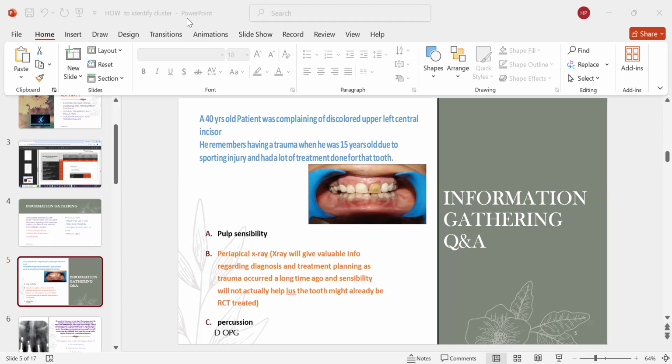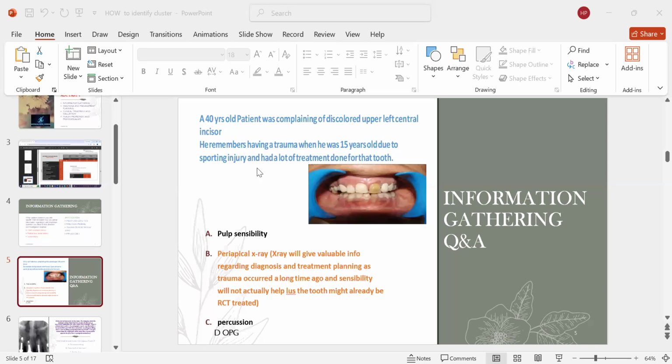Are we going to do the vitality test? What are the keywords given in the scenario? Can you see the tooth is discolored? When the trauma was 15 years before, chances are very high it's non-vital. But what is the keyword? A lot of treatment has been done before. The tooth is non-vital, we can clearly see that part.